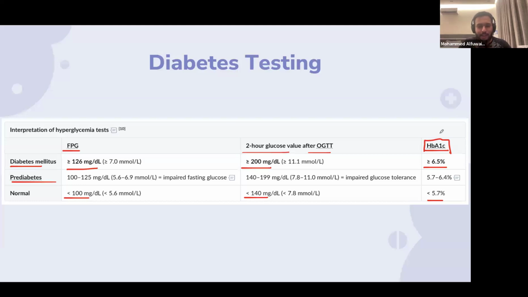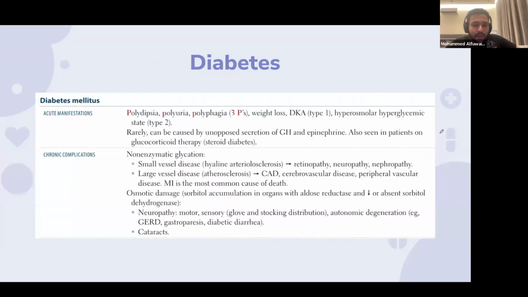For HbA1c, it's not going to change anything, okay? Because it's reflective of the past 3 months, because of the life cycle of the RBC, it spans 120 days and so on, okay? So that's why it's 3 months. So yeah, this is the testing for diabetes and how to diagnose diabetes.